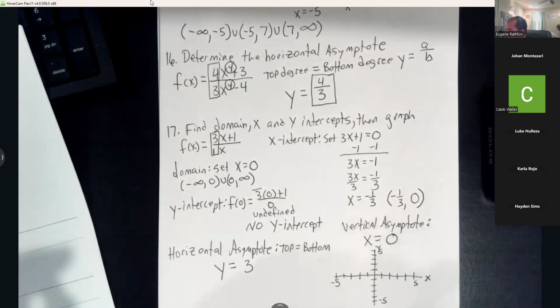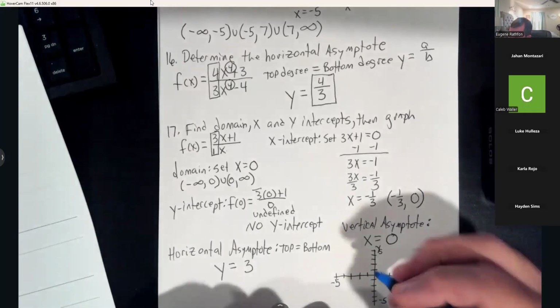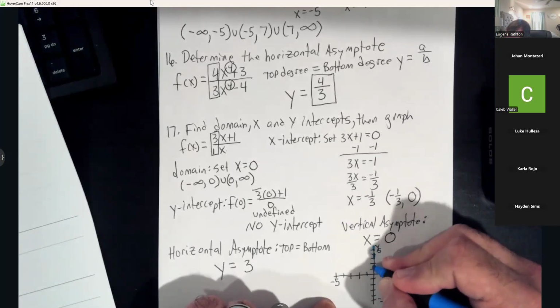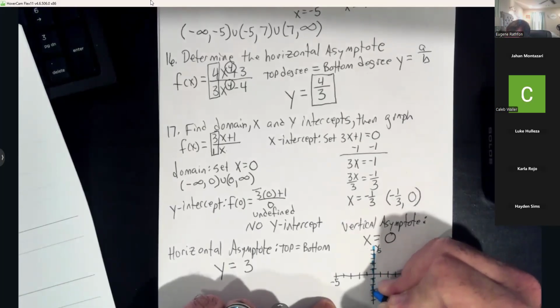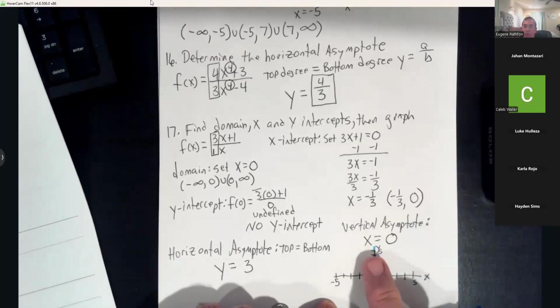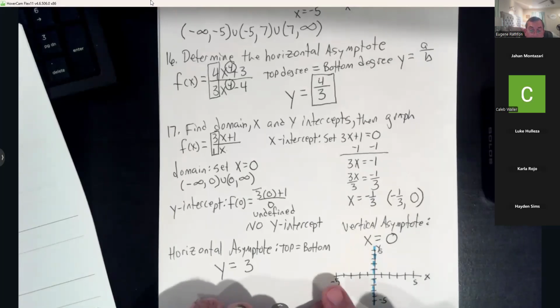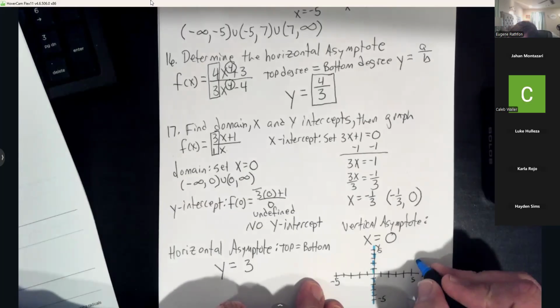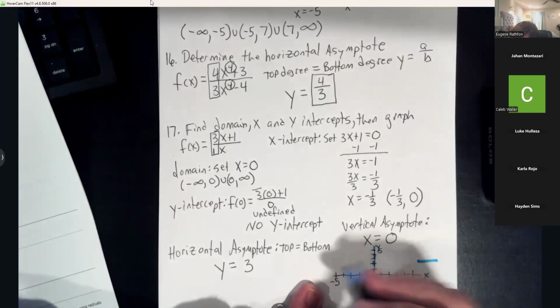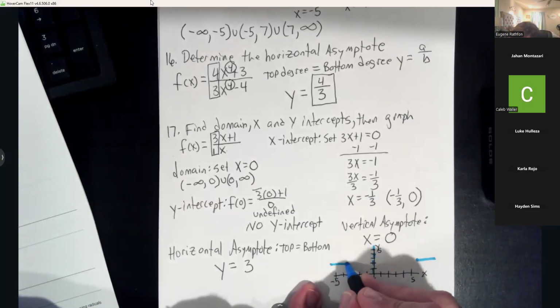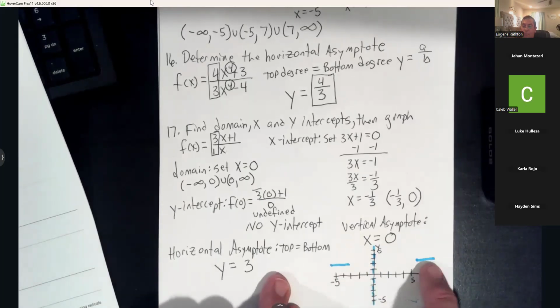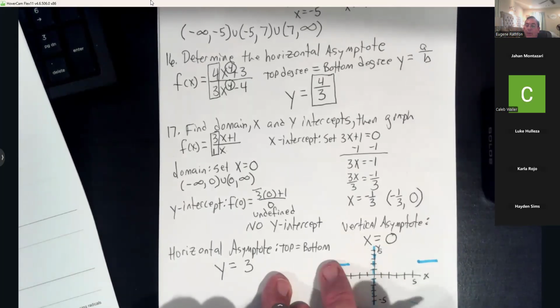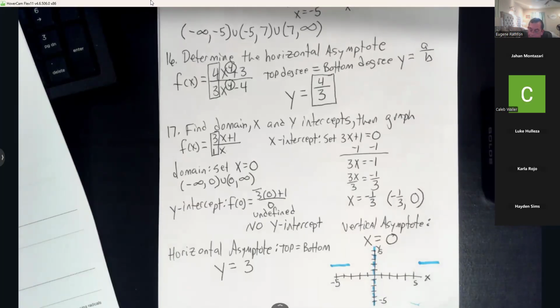I know I got a vertical asymptote, x equals 0. So that's right here. I cannot cross the y-axis, basically. The horizontal was 3. So 1, 2, 3. So out here somewhere on either side, my graph is trying to approach that horizontal line.